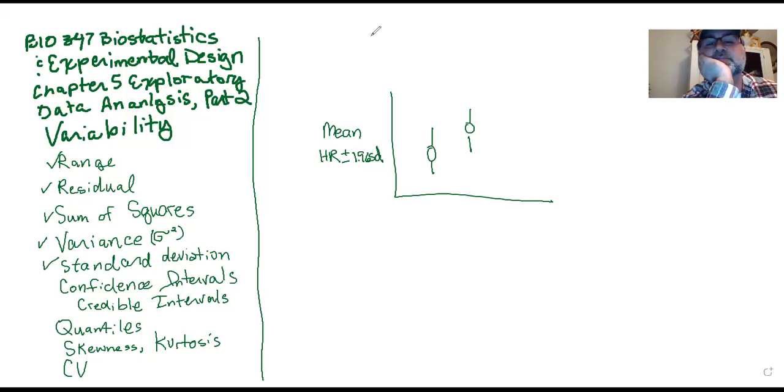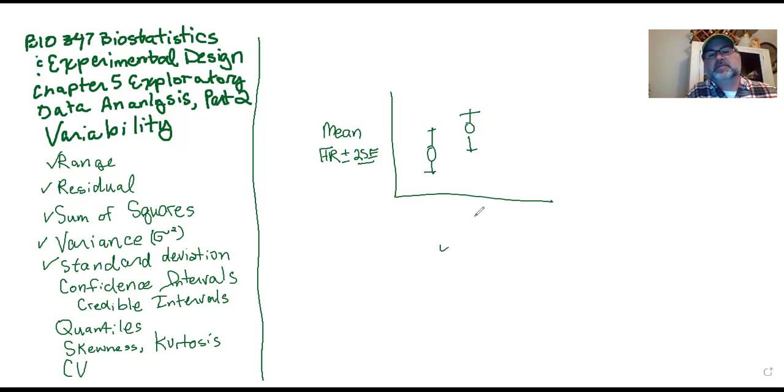Or it'll say, here's another common thing you'll see: an estimate, mean heart rate, plus or minus 2 standard errors, okay, which is about 95% of the estimate in the means.